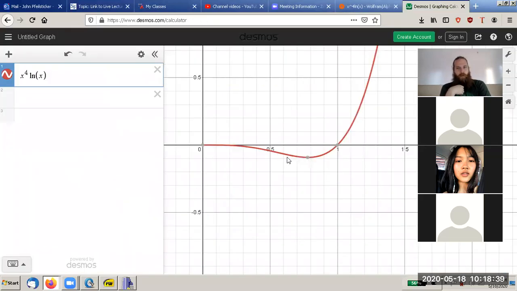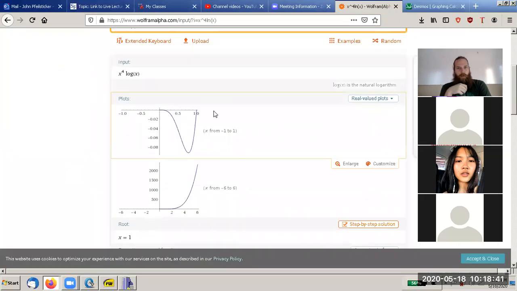We've got this little bloop here, and Wolfram kind of zoomed in on it. So here you see this bloop, this going down here. This is the natural log for just a second winning, starting to make this thing go down to negative infinity. But then the x to the 4 term, as your x values get closer and closer to 0, that x to the 4 term wants to go to 0 a lot more strongly than the natural log wants to go to negative infinity. So the x to the 4 term is winning.